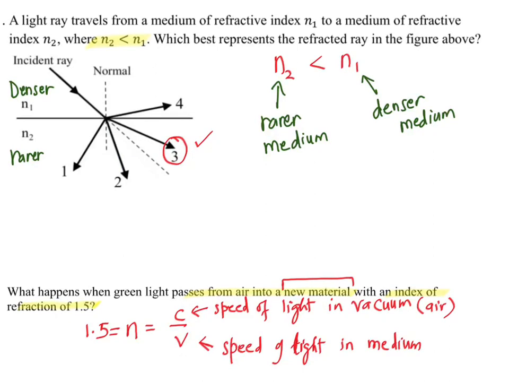So I can write the speed of light in the medium will be C over 1.5. That means the speed of light in vacuum divided by 1.5. That will be the speed of light in the medium. So obviously it means that the speed of light in the medium will decrease by a factor of 1.5.